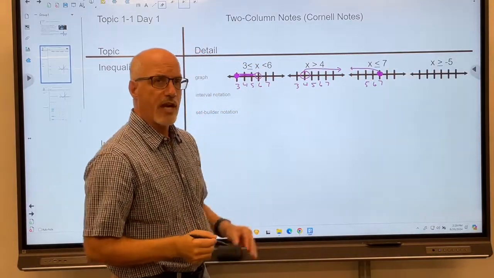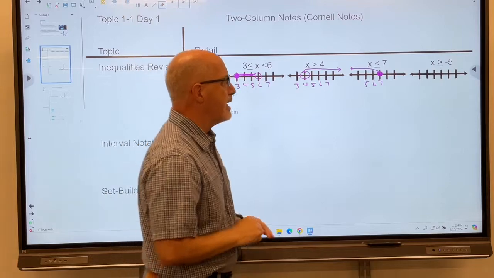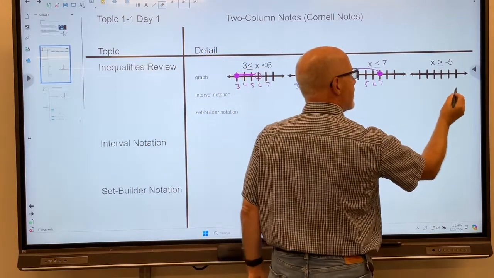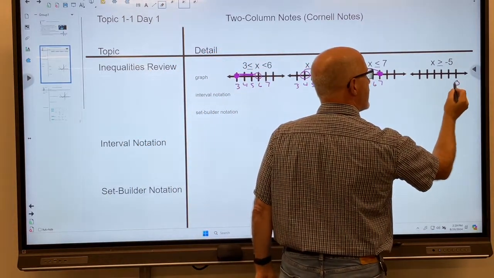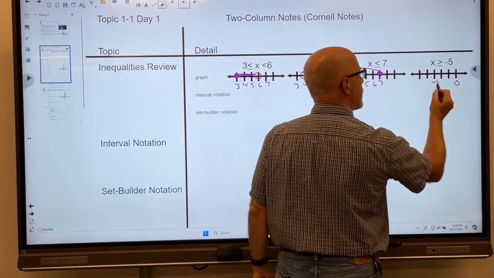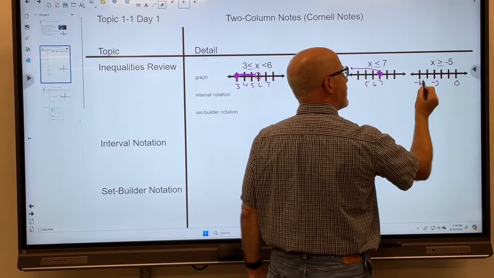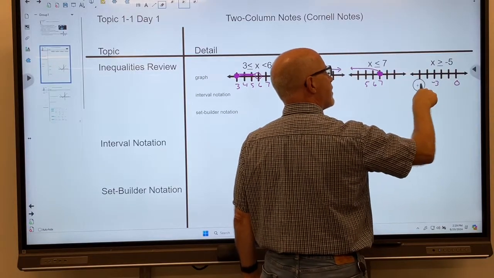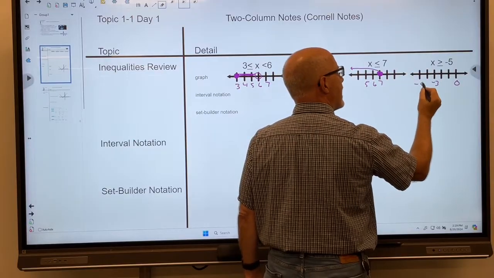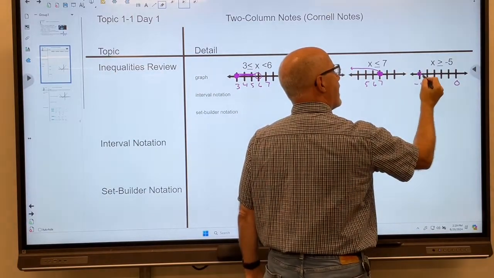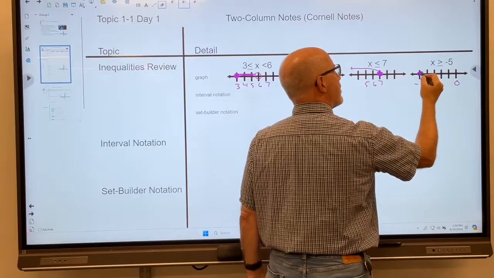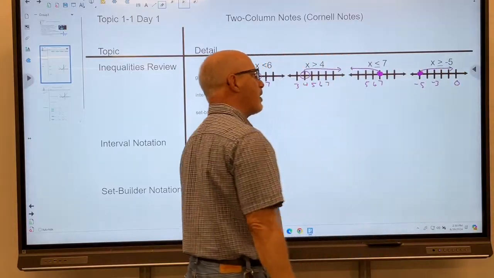The closed dot means it's going to be or equal to. And then lastly, let's say I have -5 here. I go 0, -1, -2, -3, -4, -5. Put a closed dot on the -5, and then shade to the right side because it's a greater than.